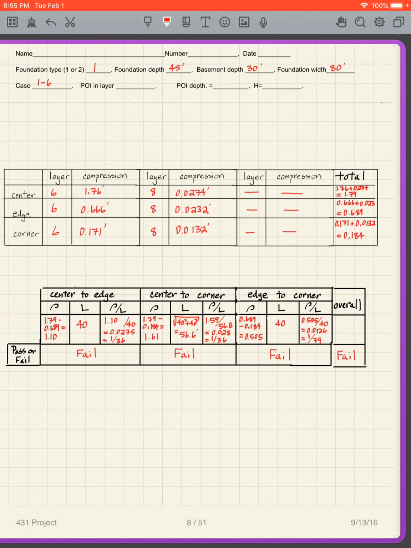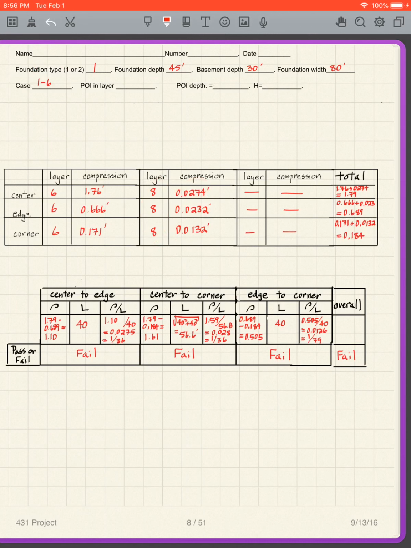Okay, so now I need to put everything together, and again, we're still on case 1-6, and I have to add these. So my center for layer 6 gave me 1.76 feet. We just did that for the edge. Layer 6 was 0.666. The corner for layer 6 was 0.171. Okay, so that's just what we just calculated. And for layer 8, we calculated these numbers beneath the center, edge, and corner.